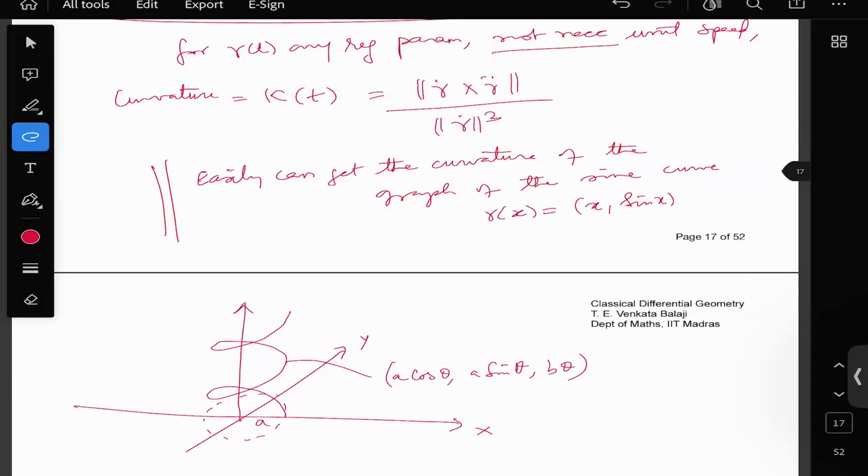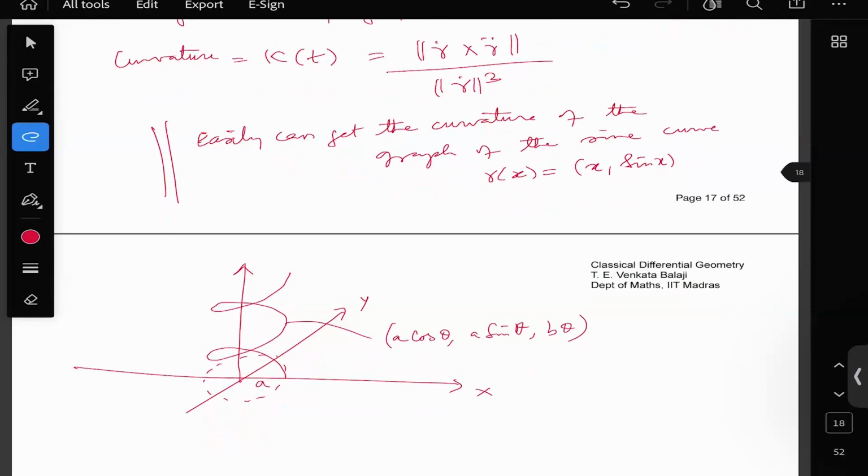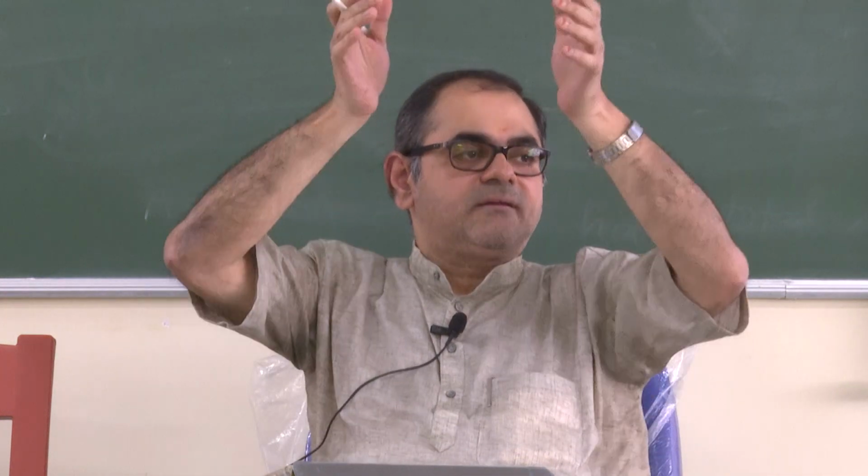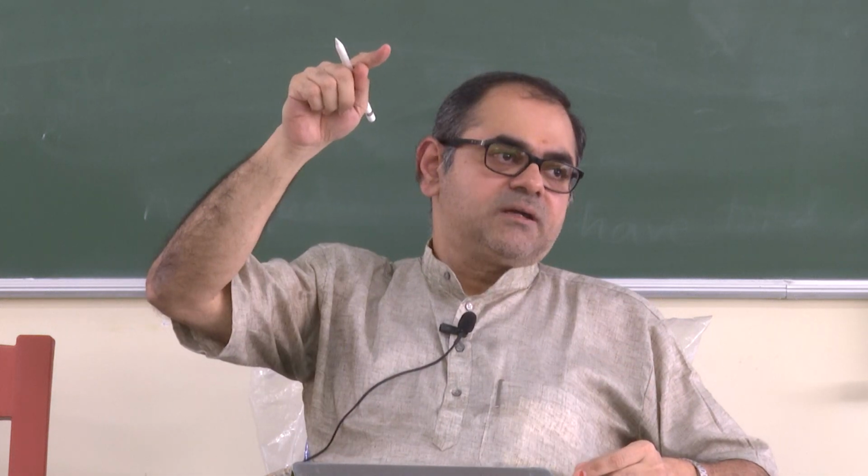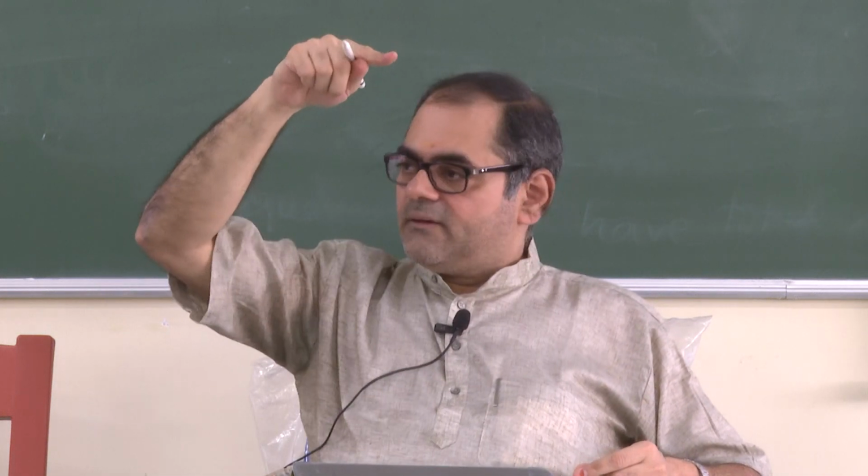All right, and what you can understand is that the points of the helix are touching the cylinder whose base on the xy plane is a circle of radius a. Then this b has to do with how much the helix moves up in one turn, which is called the pitch of the helix.